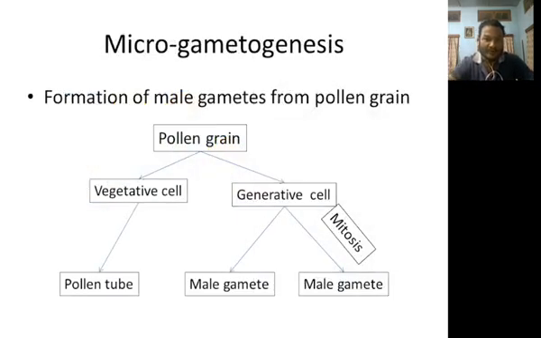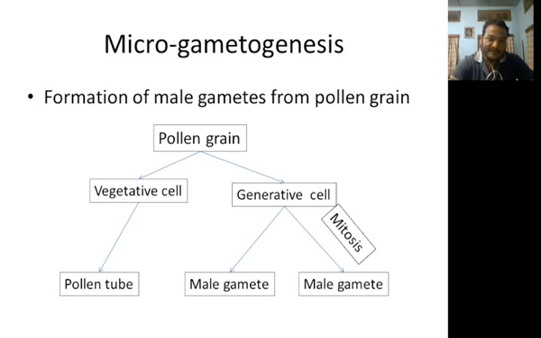Here also in the flow chart it is very clear. Microgametogenesis is nothing but the formation of male gametes from the pollen grain. Already we have discussed that the pollen grain divides asymmetrically. The larger one is known as the vegetative cell and the smaller one is known as the generative cell. After germination, the generative cell in the pollen tube divides mitotically and forms two male gametes.